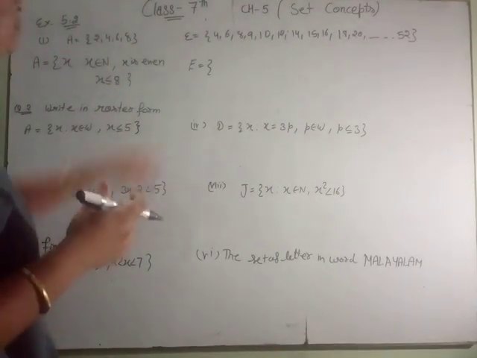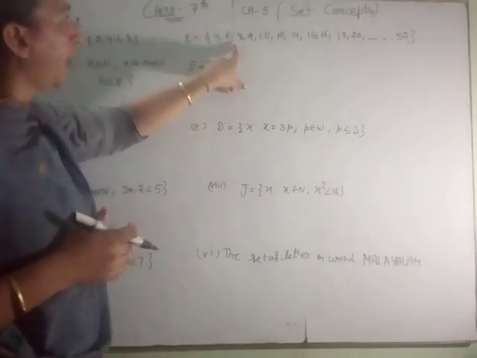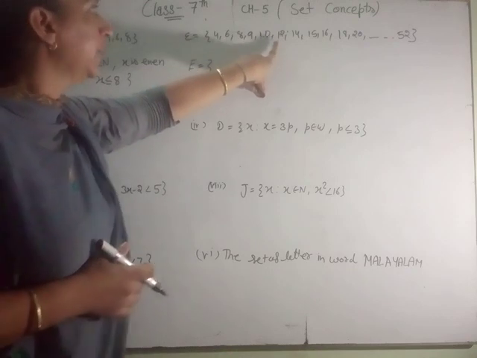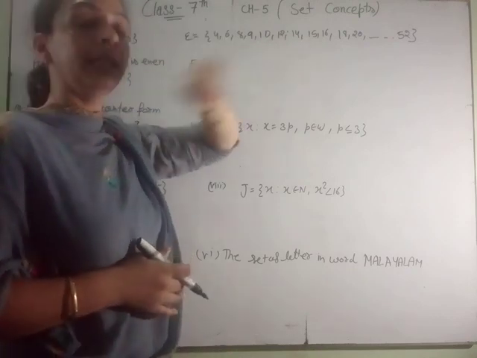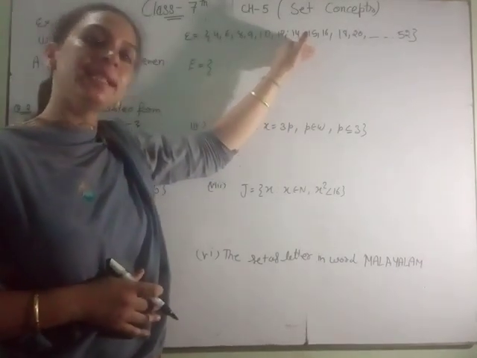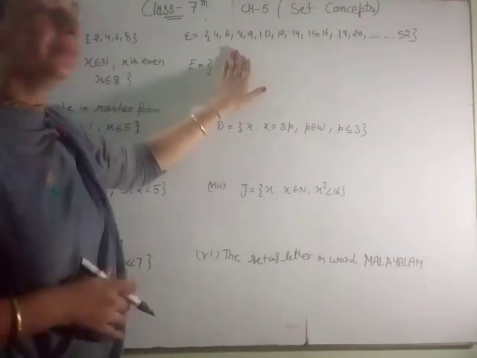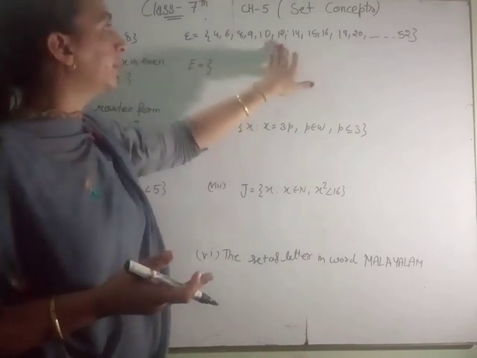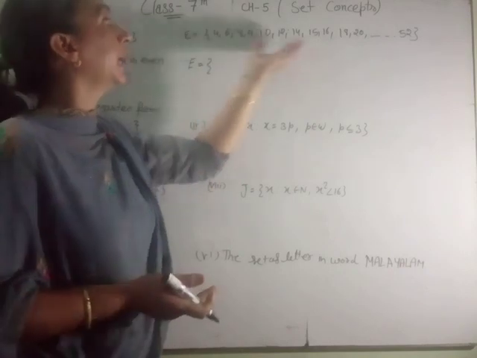What is this? There is not 5, there is not 7, again there is not 11 and 13. What is the meaning of this? These are composite numbers, because 5 is a prime number, 7 is prime, 11 is prime, 17 is prime, but prime numbers are not there.